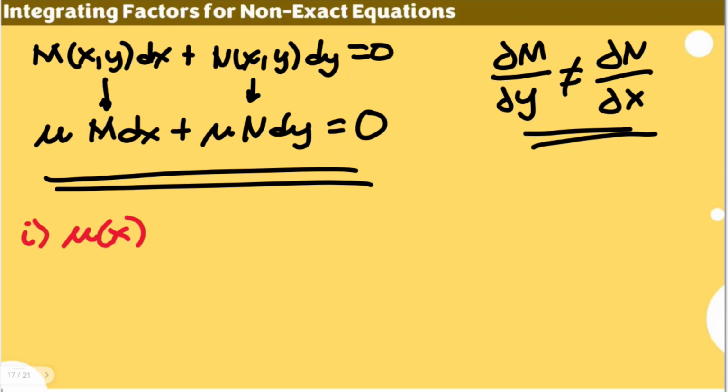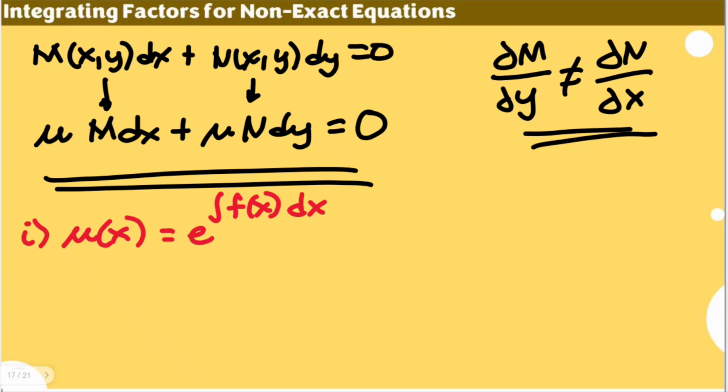As mentioned in our integrating factor for linear equations, it has the same formula, e to the power of the integral. In the linear equation, we used P of x, but since P here is not clear, we'll have the form f of x dx. This is one of the possibilities.